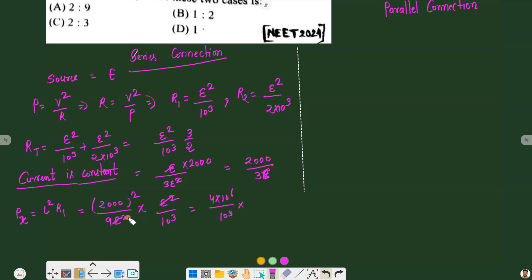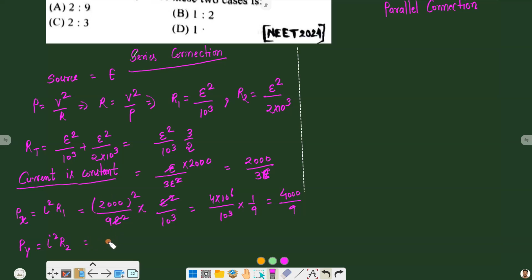E square gets cancelled, and 1 by 9. So it will be 4000 by 9. This is the power for X. Now the power for Y will be I square times R2.